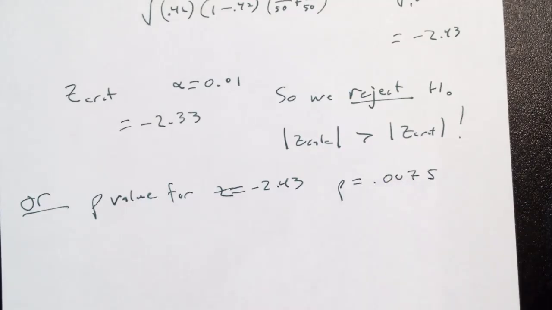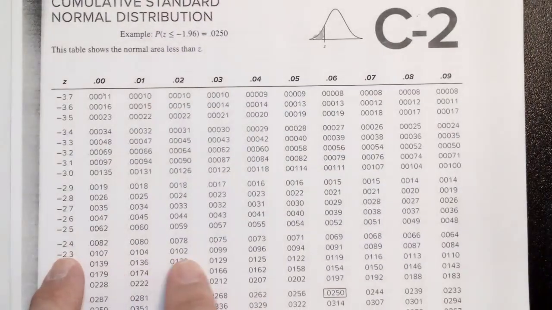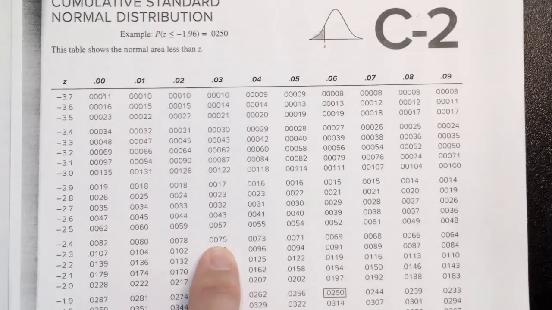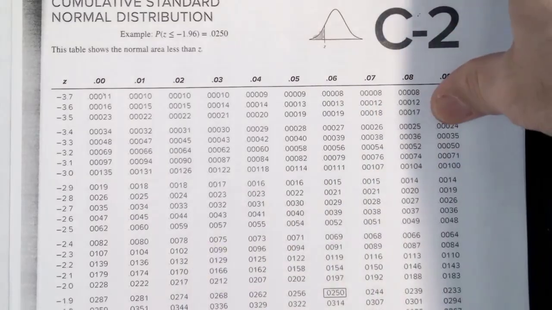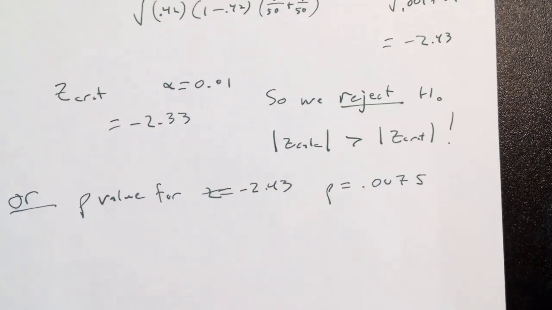Now, I could actually do that on the table too. I would go to negative 2.43 on the table. There's negative 2.43. It's 0.0075. That's smaller than 0.01.